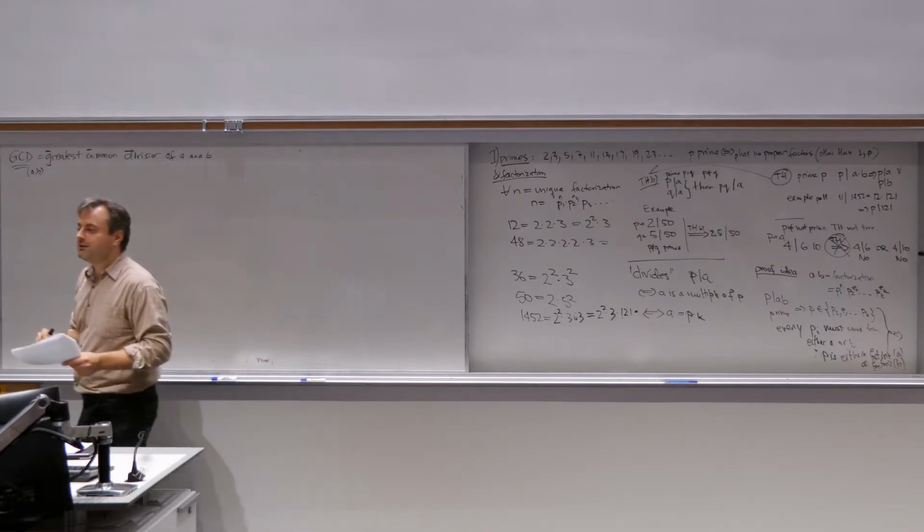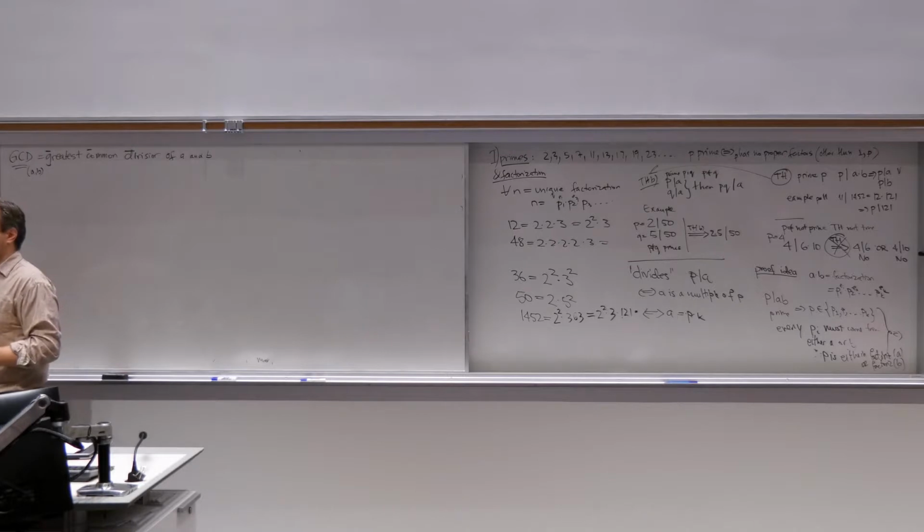If you have numbers A and B, take the set of prime factors of A and the set of prime factors of B, where those two sets intersect, and then the product of those factors would be the greatest common divisor. That's the definition we want. Now, what he said is true. It's the largest integer that divides both of them. But we don't like that as a definition. We like this one.